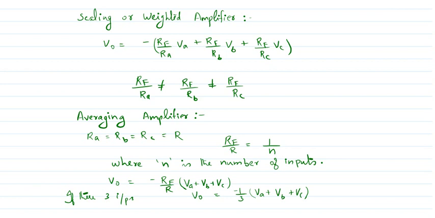This is the output voltage for an averaging circuit in the inverting configuration. So this equation is important.